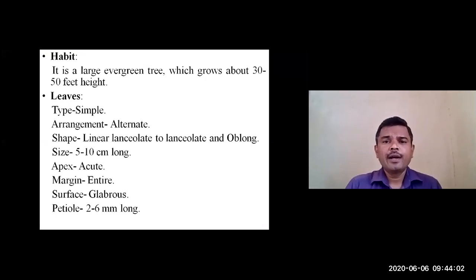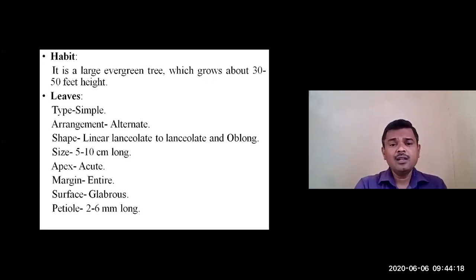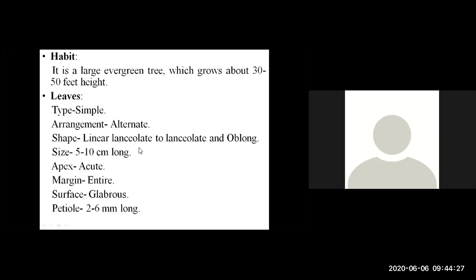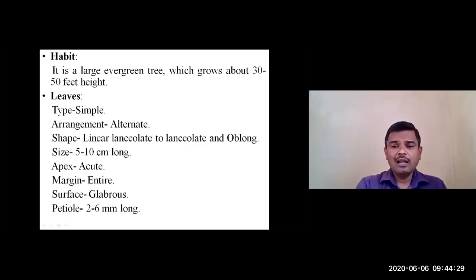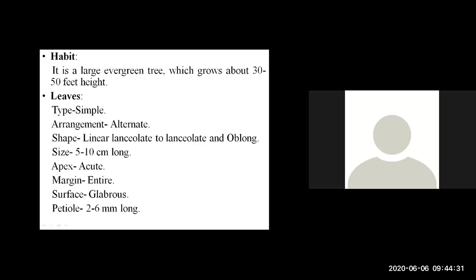There is the Swarupa habit. It is a large evergreen tree which grows about 30 to 50 feet in height. The type of leaf is simple, arrangement is alternate, and the shape is linear lanceolate, or lanceolate and oblong.